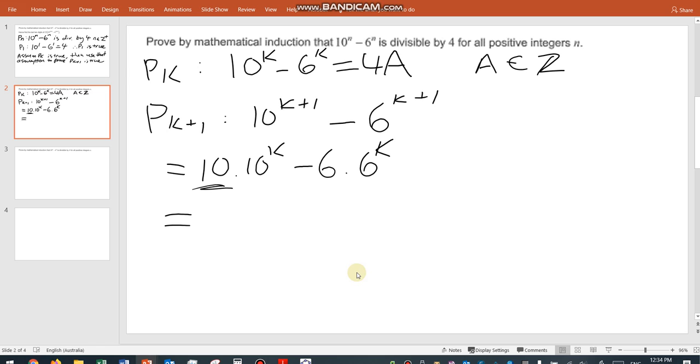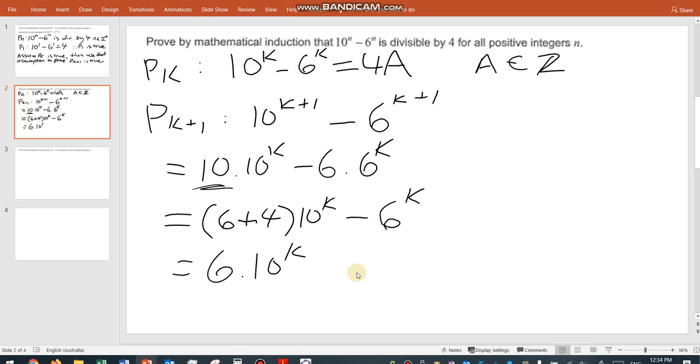So if we make this equal to 6 plus 4 times 10 to the k, take 6 to the k, and multiply out these brackets, we get 6 times 10 to the k plus 4 times 10 to the k minus 6 to the power of k.